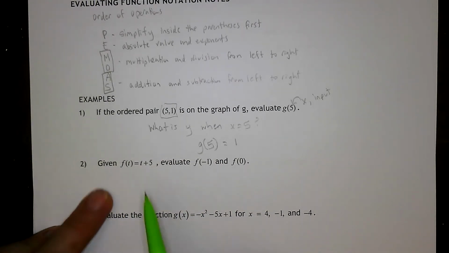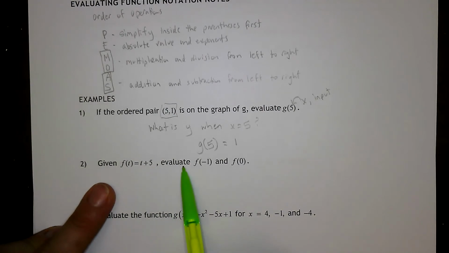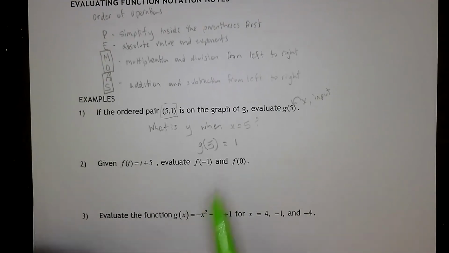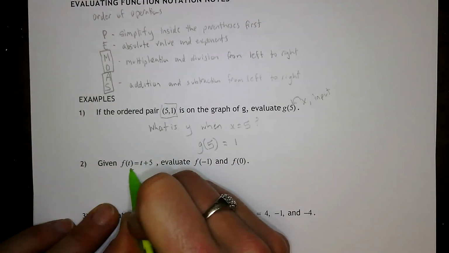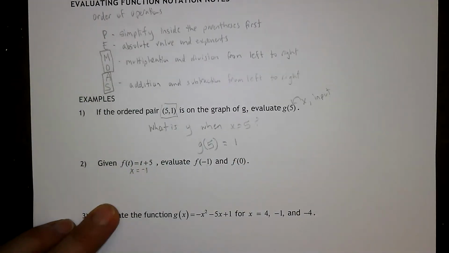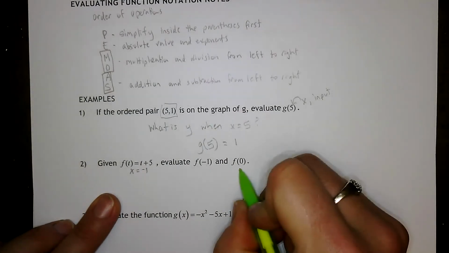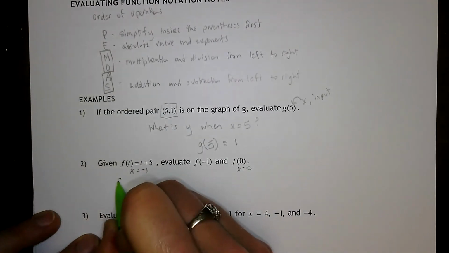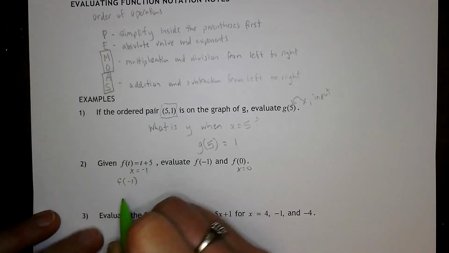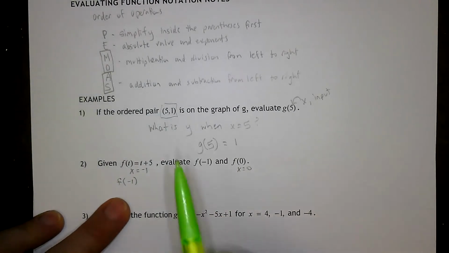All right, number 2, given f of t is equal to t plus 5, evaluate f of -1 and f of 0. So we've got to do two things. We need to know what is y when x is negative 1, and what is y when x is 0. So the first thing we're going to do is evaluate, not x, t.